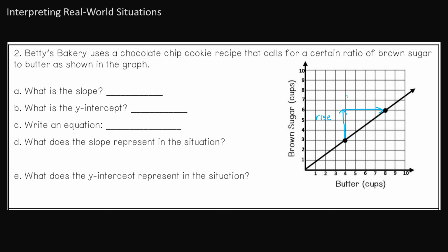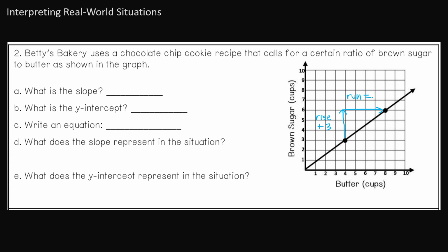My rise is my change in y, run is change in x. So the rise, it looks like my y value for the lower point is 3, for the upper point it's 6. So basically 6 minus 3 would be positive 3.